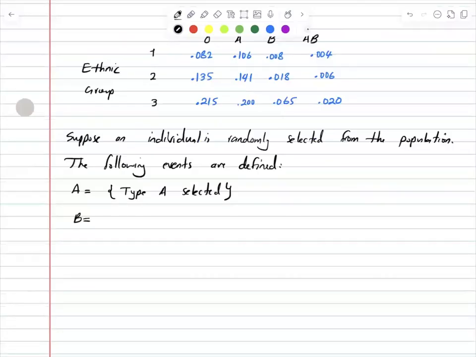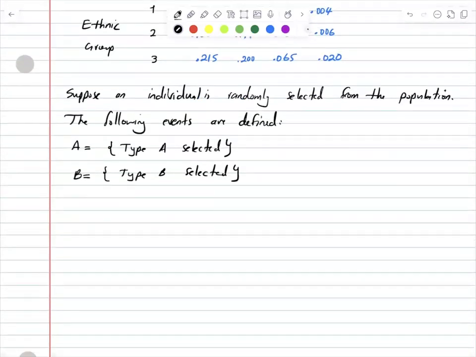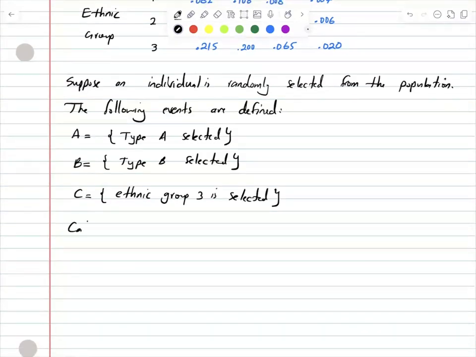Event B is blood type B selected. Event C is ethnic group 3 selected. These are our 3 events, and we want to answer the following questions. Calculate the following.